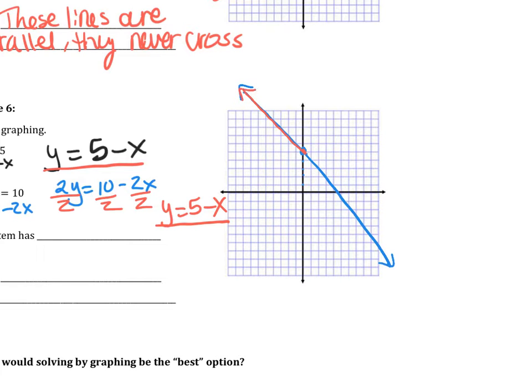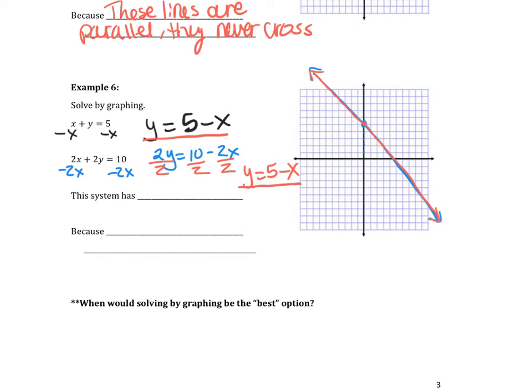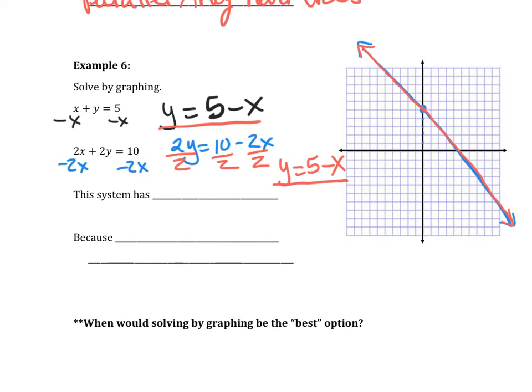It's the same line. If it's the same line, what does that mean? How many times is this line going to intersect with the other one? Infinitely many.